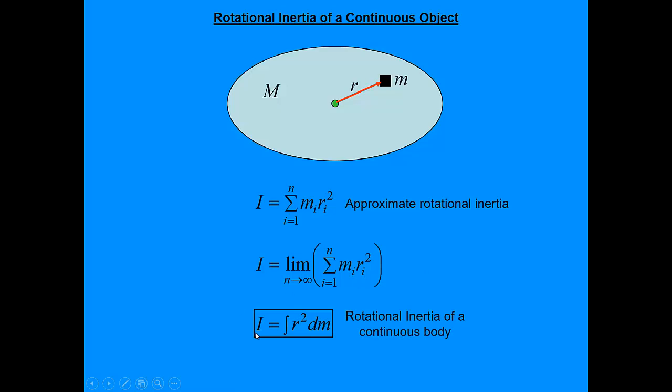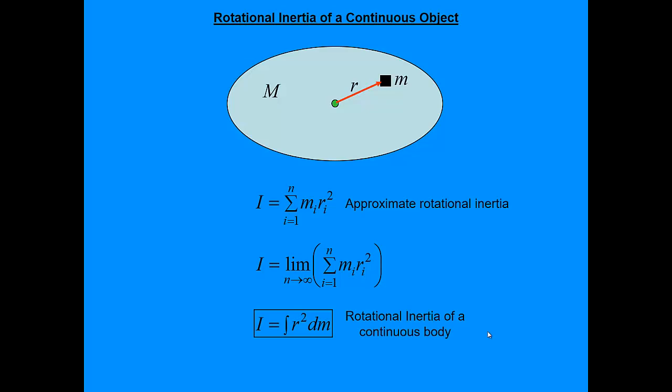So to find the rotational inertia of a continuous object, we could take the integral of r squared with respect to mass, r squared dm. The dm means these are now infinitesimal little mass increments, and we're going to sum them up over the entire body.